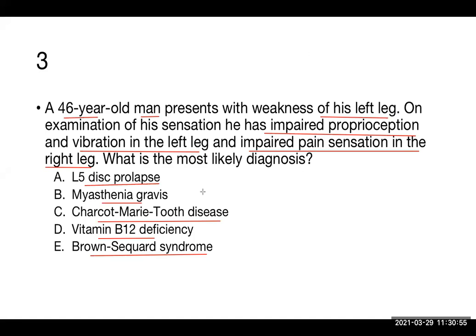In this condition, there is hemisection of the spinal cord, and in this patient the hemisection has occurred on the left side of the spinal cord.